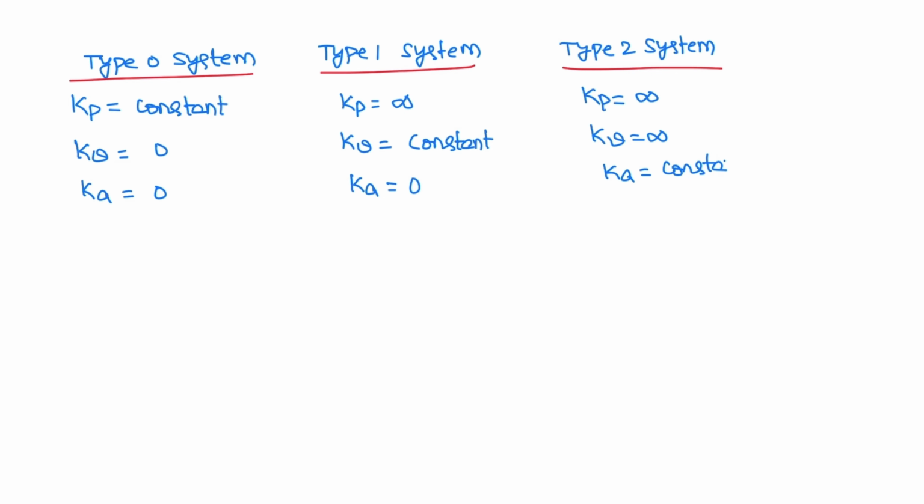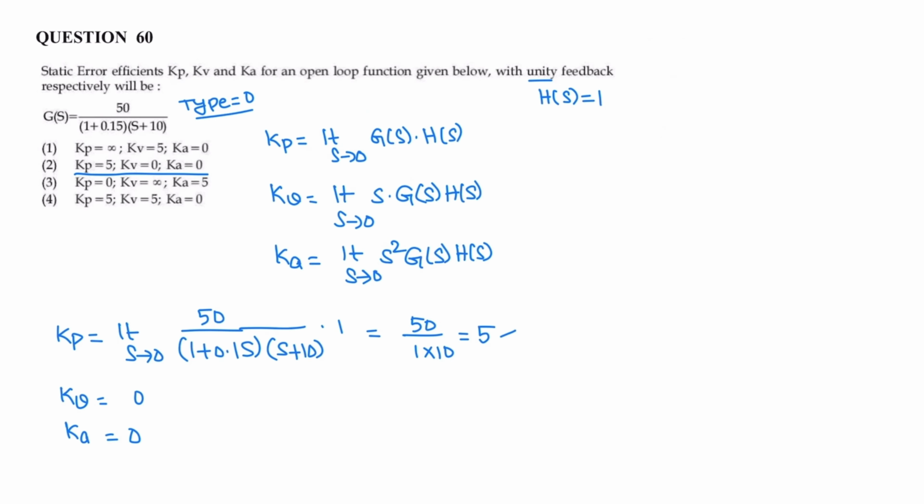So for this question, the correct option is 2. This type indicates the number of poles at the origin. So the type of system is the number of poles at the origin.